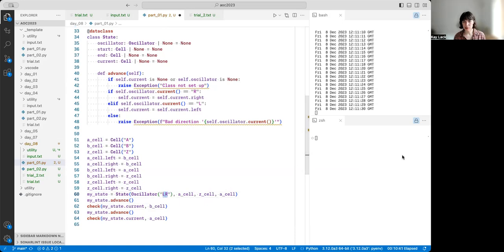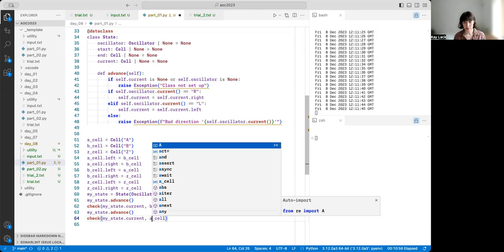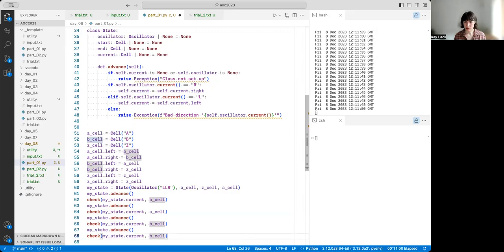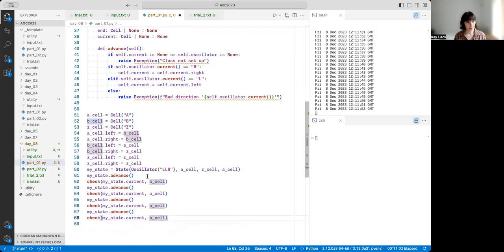No, the oscillator is LLR. Yeah, so it should be A first, then B, then A, then B, then let me get my diagram up.